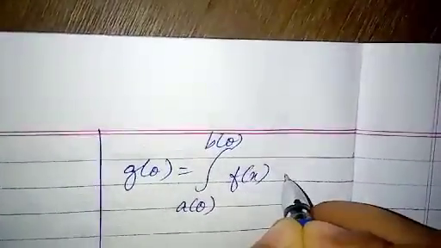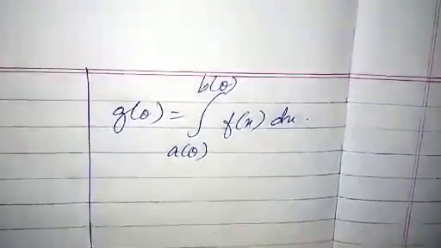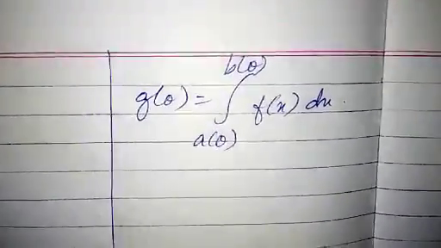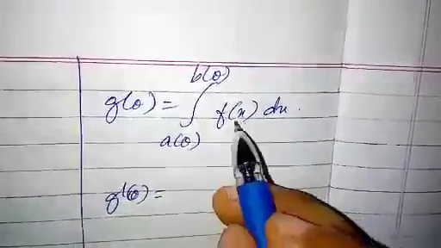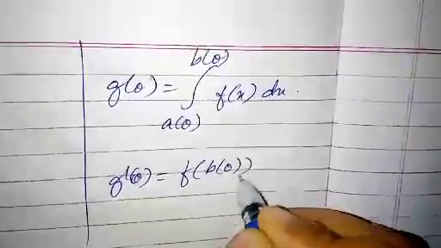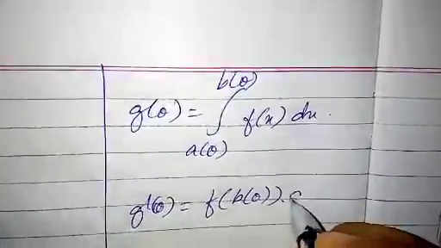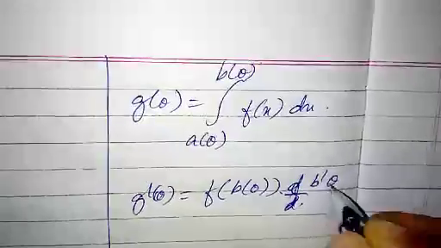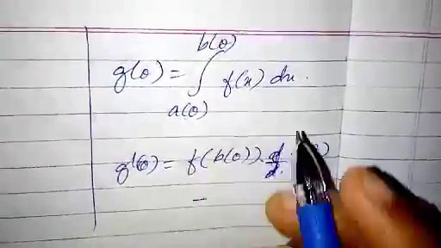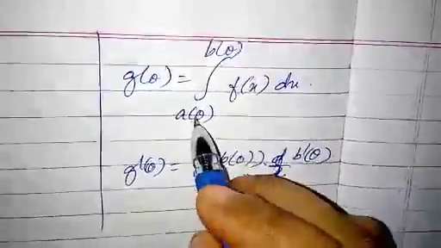If g of theta equals the integral from a of theta to b of theta of f of x dx, then using Leibniz rule, the differentiation is g dash of theta equal to f of b of theta, the function of the upper limit, into differentiation of the upper limit, minus function of the lower limit into differentiation of the lower limit.